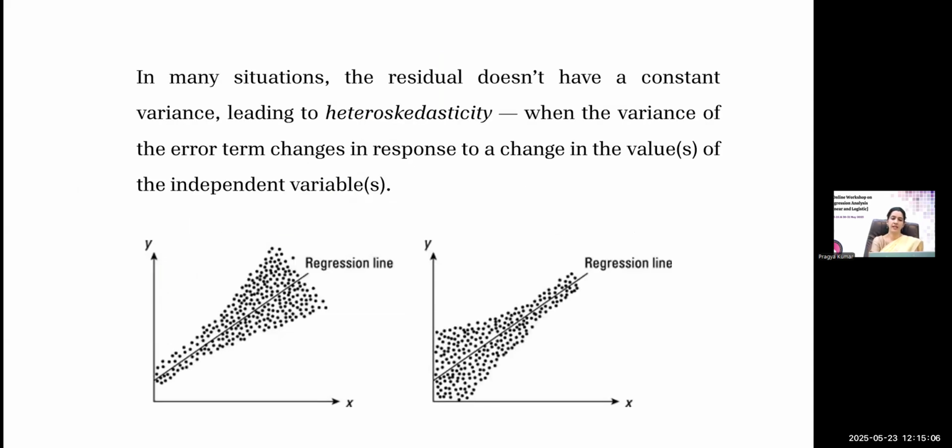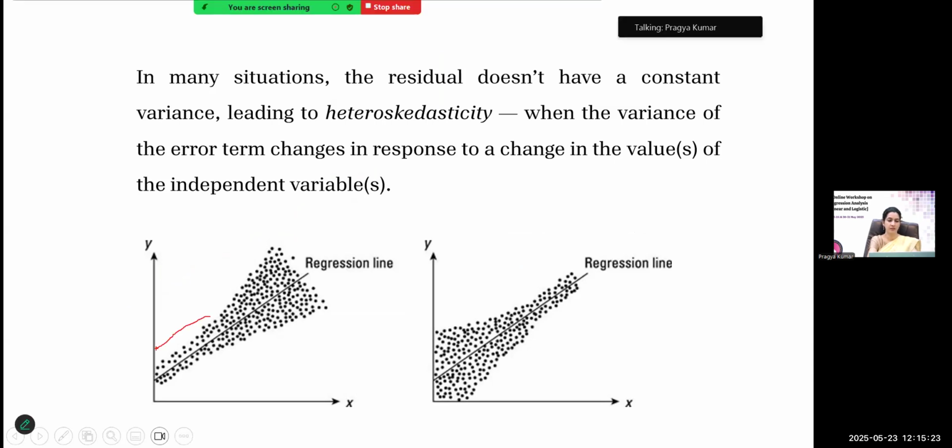Again, in this case, homoscedastic or heteroscedastic? Someone is writing homo, someone is writing hetero. If you see, the spread is less here, but more here. Similarly, here the spread is more. So it is making a pattern.